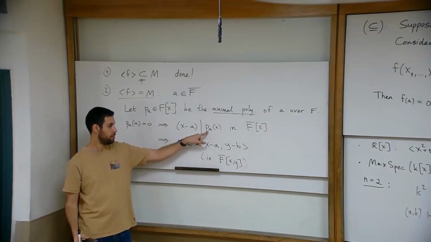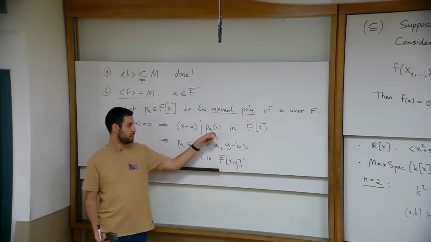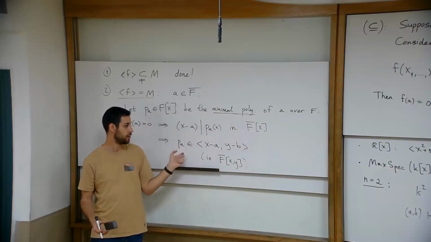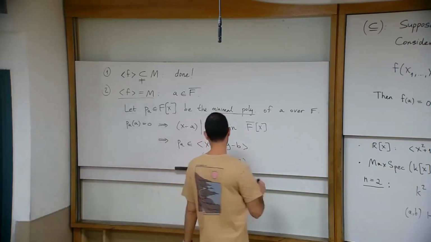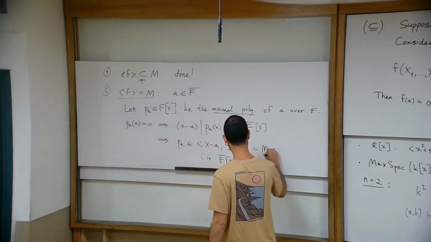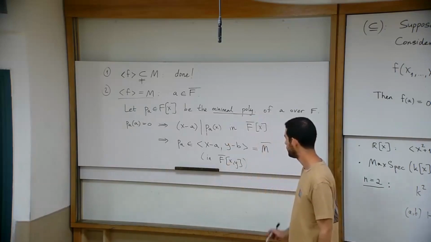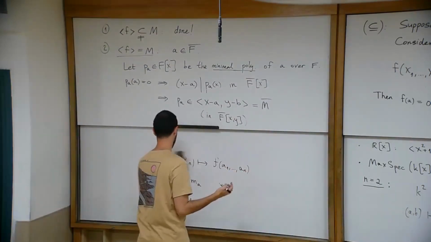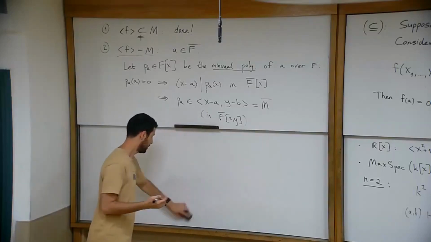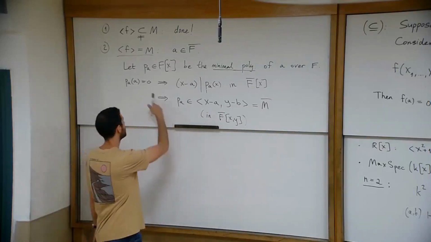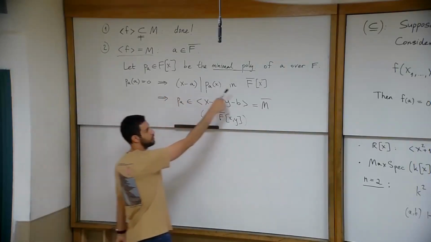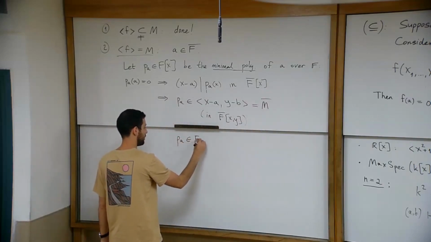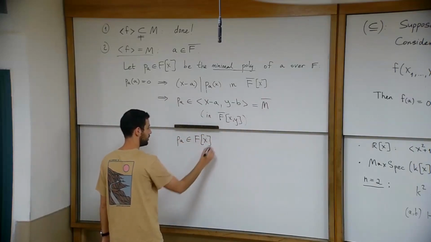Right? Because P of A is just some polynomial in F bar x times x minus A. So obviously it belongs here, but this is exactly M bar. In addition, since it's the minimal polynomial over F, we also know that P of A belongs to F of x.